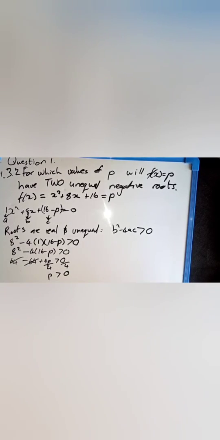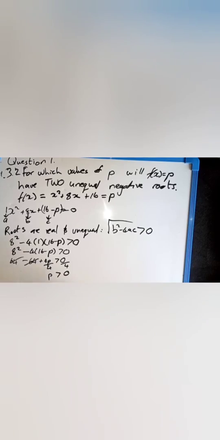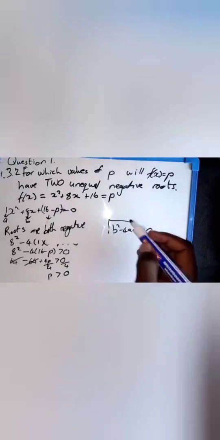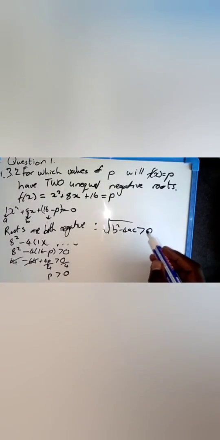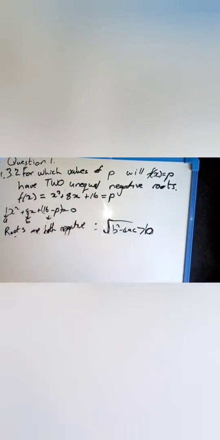And then for your roots to be both negative, the condition will be that the square root of b squared minus 4ac is greater than b. Right, so that's your condition. If roots are both negative, then this condition holds.